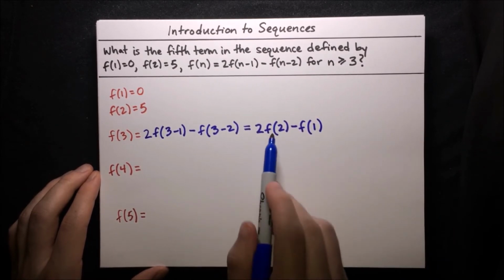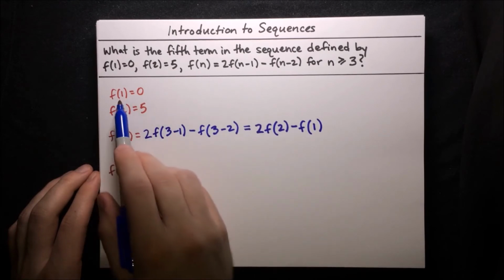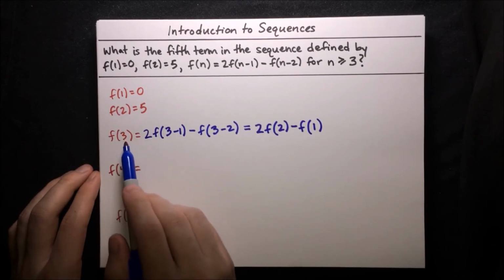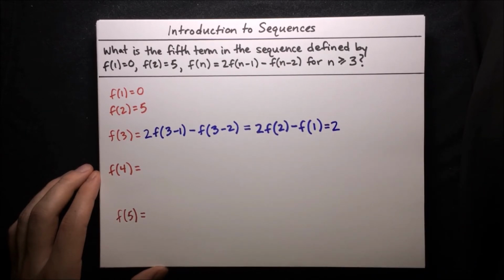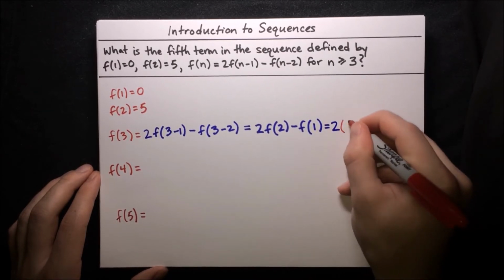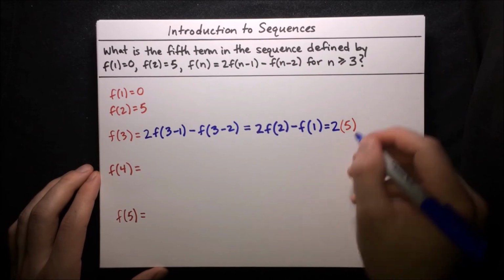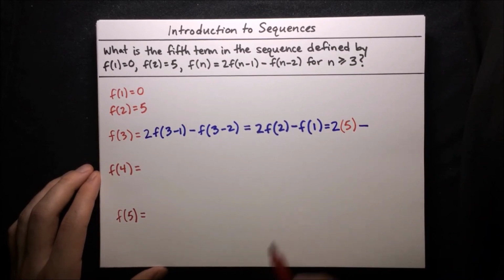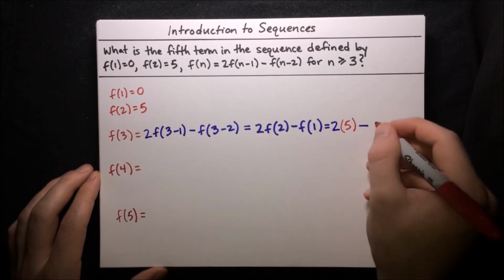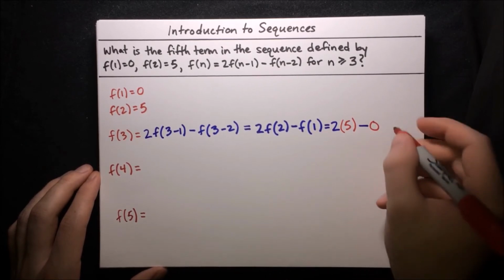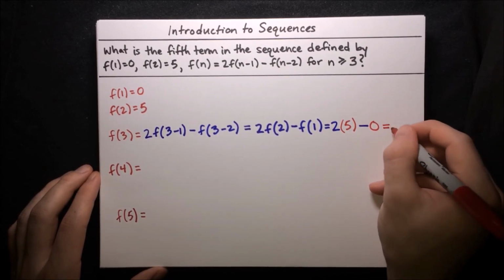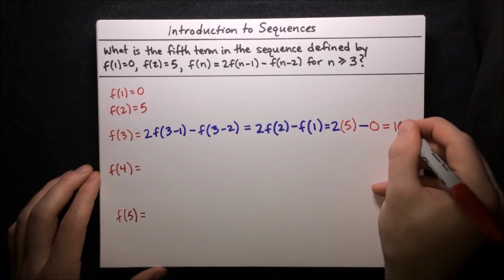And hey, we know what f of 2 and f of 1 are, so we can use that to compute f of 3. So f of 3 is equal to 2 times f of 2. F of 2 is just 5. Then minus f of 1, and f of 1 is just 0, so minus 0. So 2 times 5 minus 0, that's 10 minus 0, which is equal to just 10.